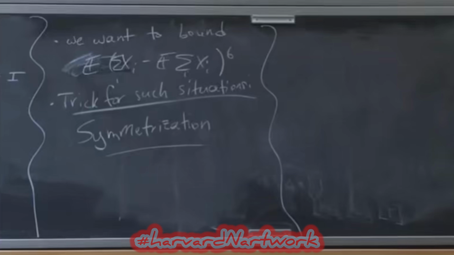OK? And the point here now is, what is the expectation of this thing here? I claim the expectation has one of 2 possible values. 0, 1. And when is it 0? When is it 1?